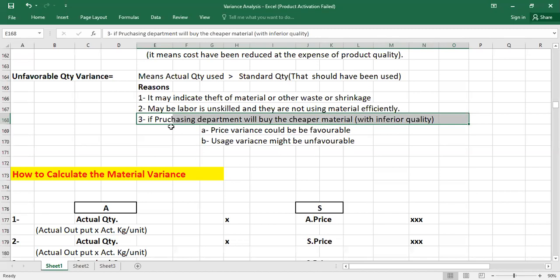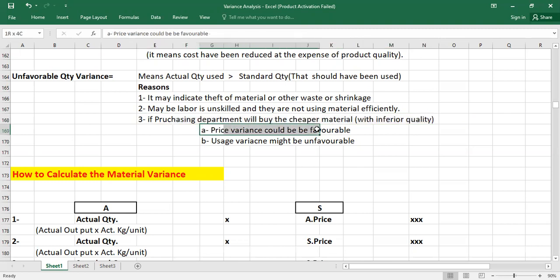Please don't forget this point. If the purchasing department buys cheaper material with inferior quality, what could happen? Maybe the price variance could be favorable because they pay less for it, and maybe the usage variance might be unfavorable because there could be more wastage due to the poor quality of the material.